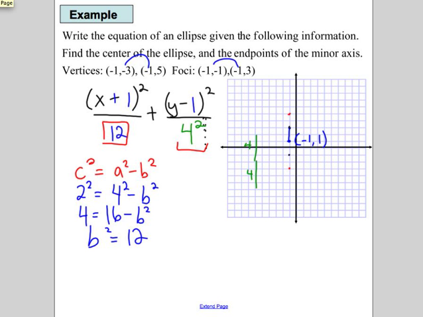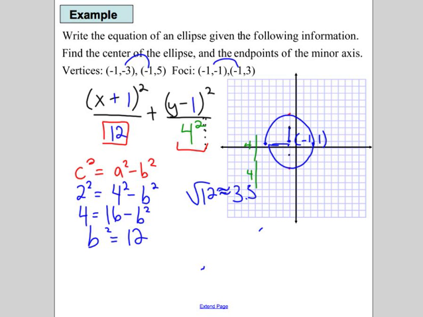The actual distance that I would have here would be the square root of 12, which is just under 4, about 3.5-ish. So my distance here is about 3.5. So this is my ellipse. If I was asked to finish drawing it, it would look something like this. It's almost circular.